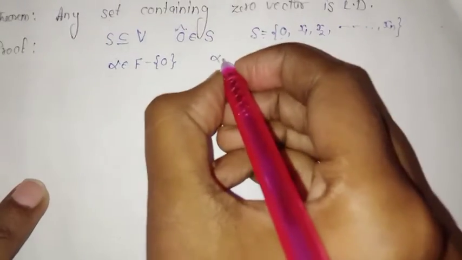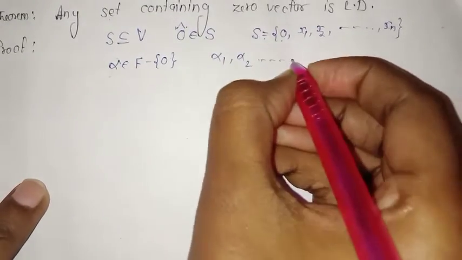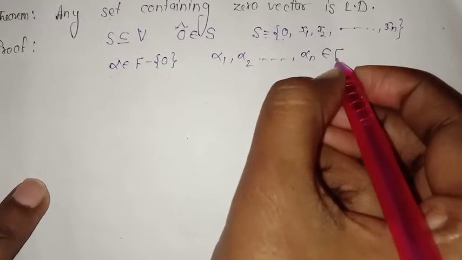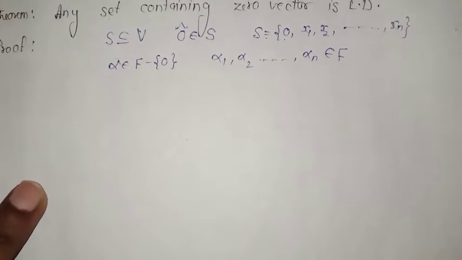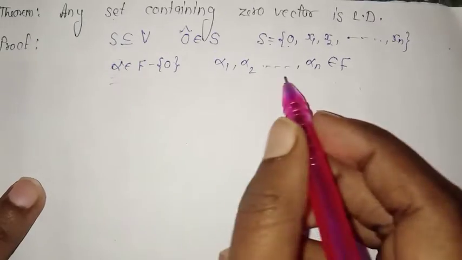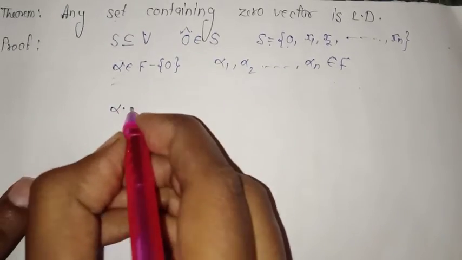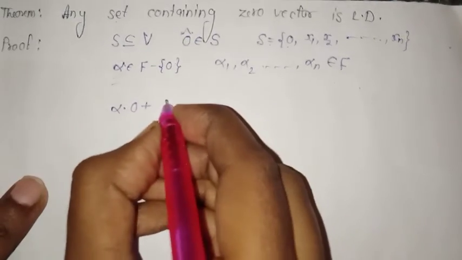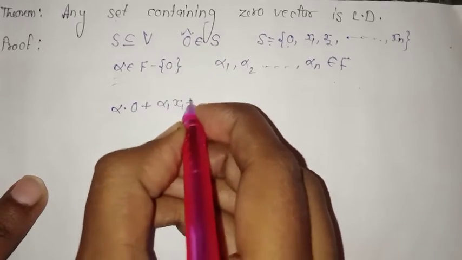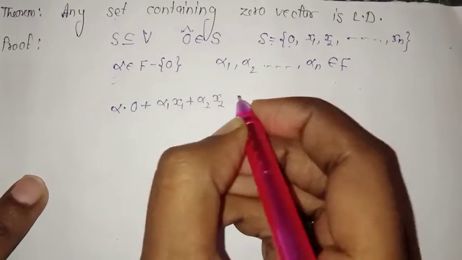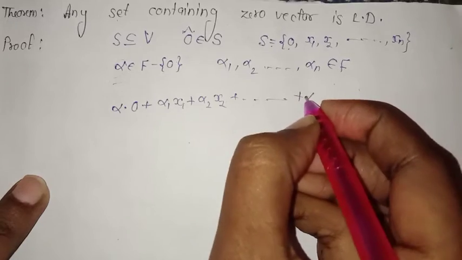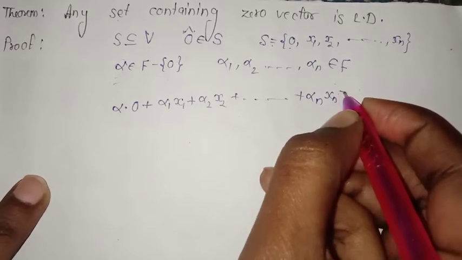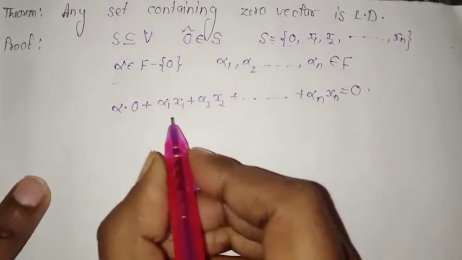And alpha 1, alpha 2 and so on, alpha n belong to F. Now if I write the linear combination of these vectors together with these scalars, this becomes alpha dot 0 plus alpha 1 x1 plus alpha 2 x2 plus and so on alpha n xn equals the 0 vector. Now this implies what?